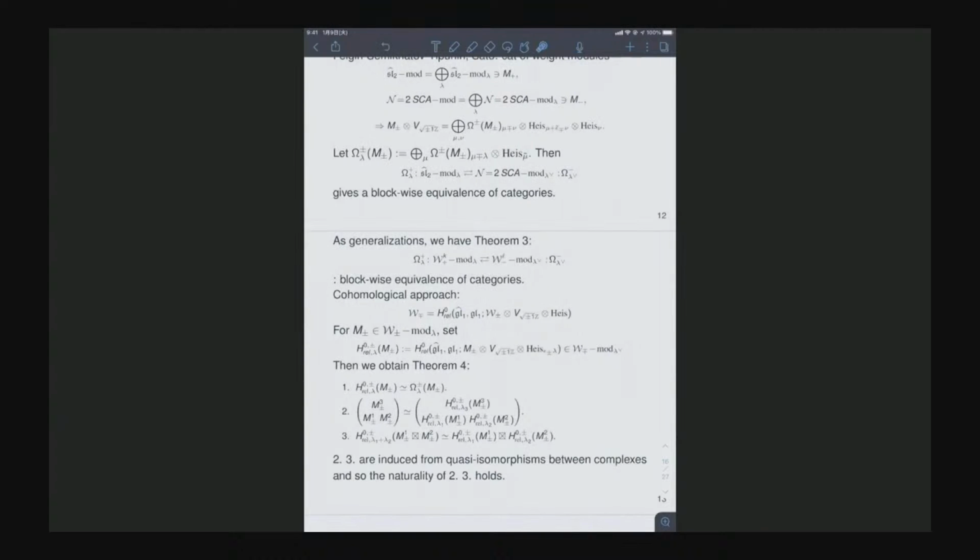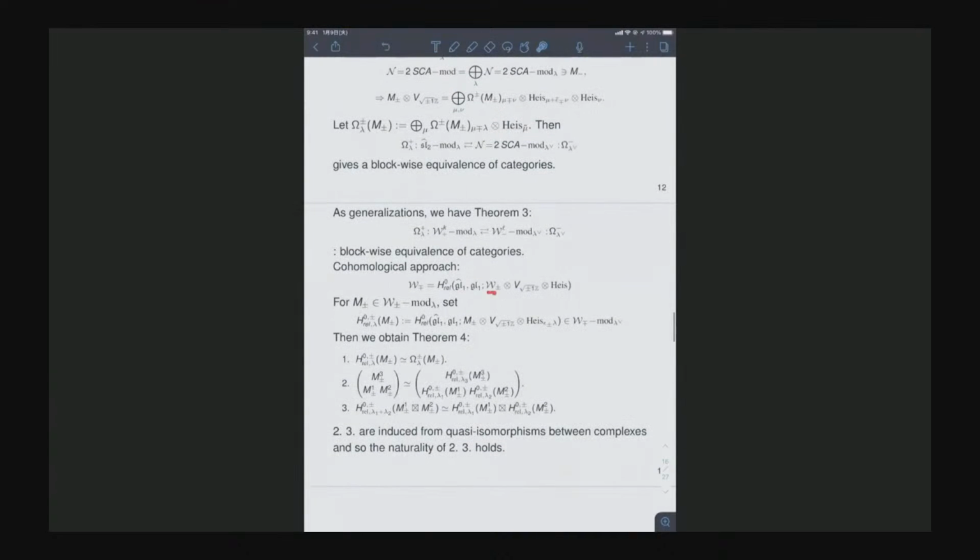So we can realize this coset operation in terms of cohomology. So if we take, for example, W^+ and tensoring lattice VOA and tensoring one Heisenberg, and then we consider relative semi-infinite cohomology, then we get W^-. And if you start with W^-, we get W^+. And this gives isomorphism as a vertex superalgebra.